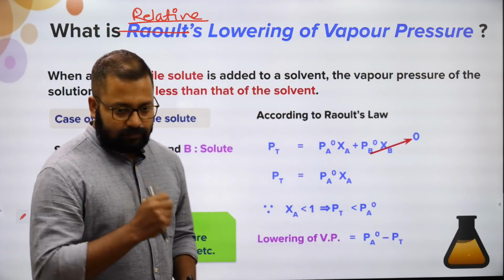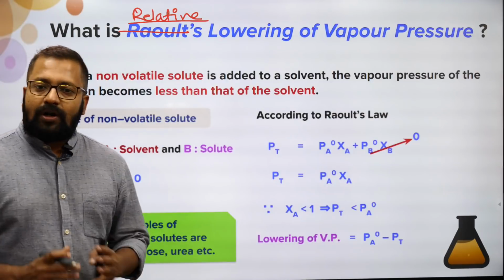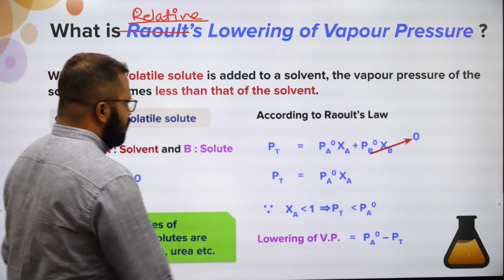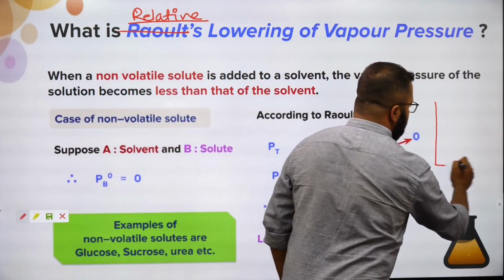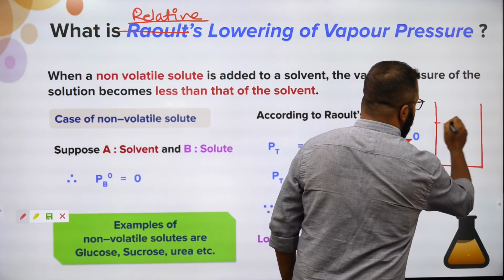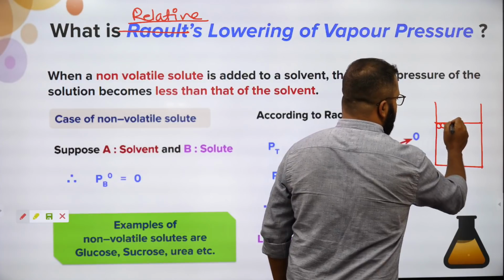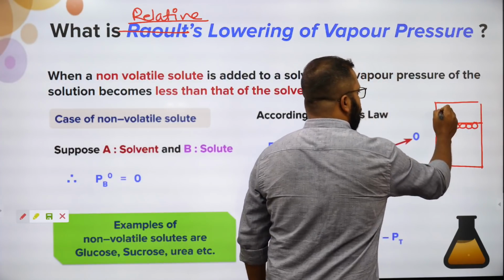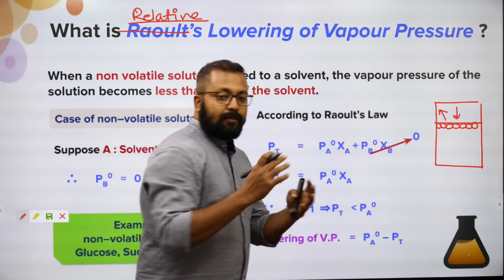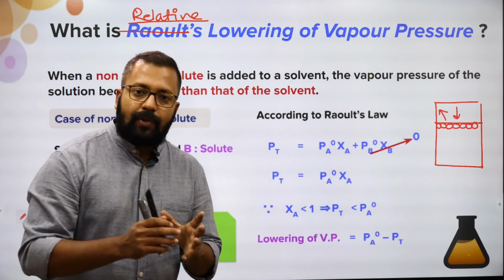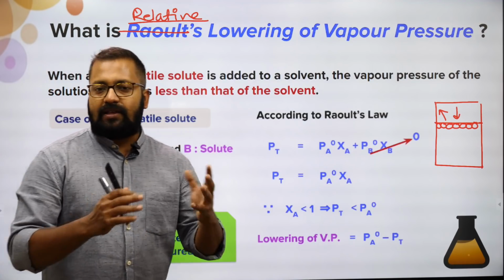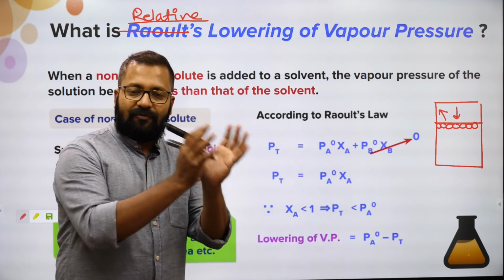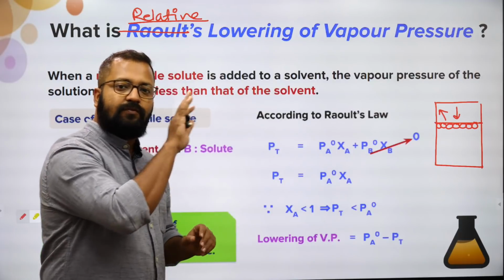Okay, so let's talk about what is relative lowering of vapor pressure. So suppose I take a container and there are a lot of solvent molecules. These solvent molecules are evaporating, condensing, and at the point where there is an equilibrium, we would get something known as vapor pressure for the vapors which are collected over the surface of the liquid.